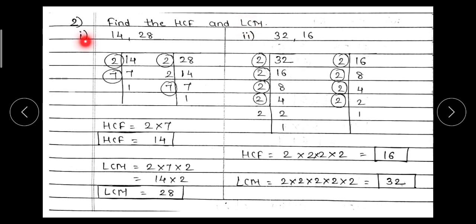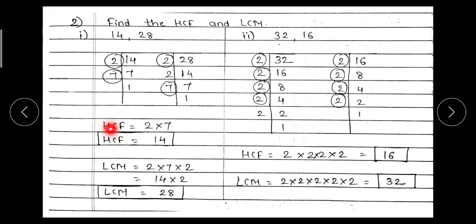So question number 1, 14 and 28. The factors of 14 are 2 sevens are 14, 7 ones are 7. Factors of 28: 2 14s are 28, 2 sevens are 14, 7 ones are 7.